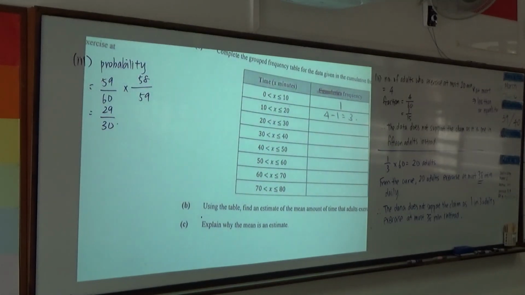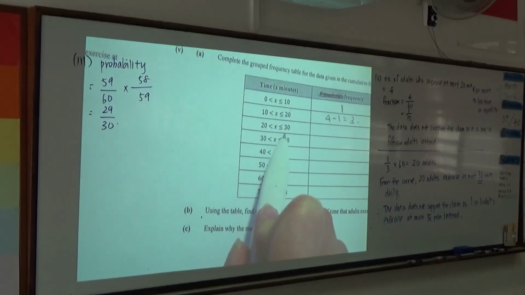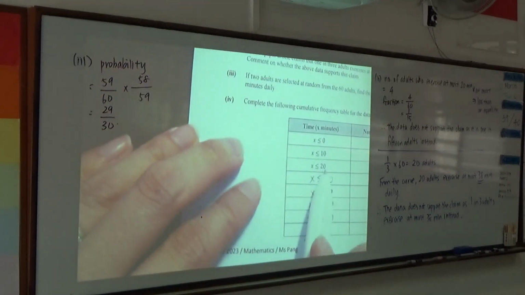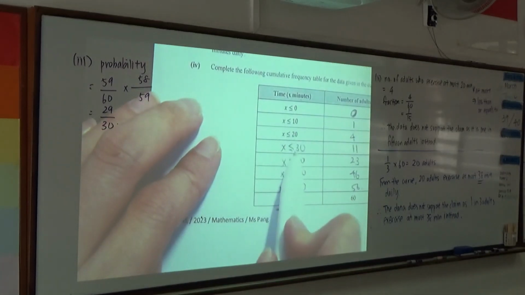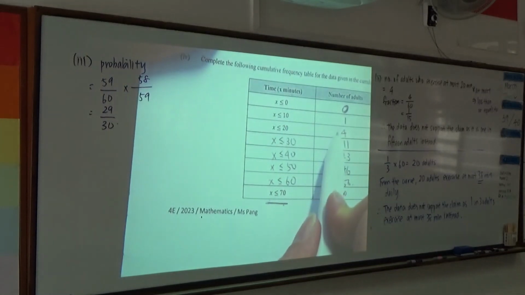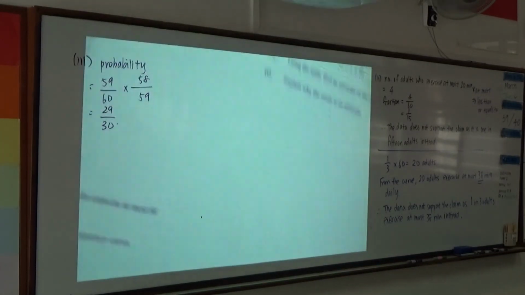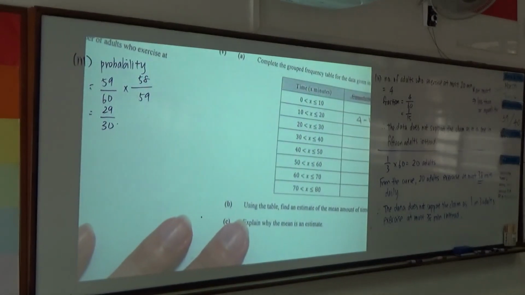Moving to the next one, we have 20 to 30. Likewise, we take 11 minus away 4 in order to know what is in between, and that will be equal to 7.